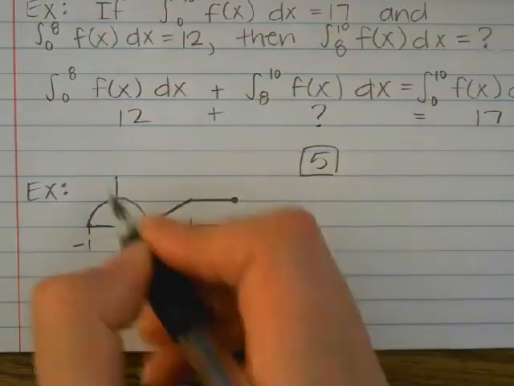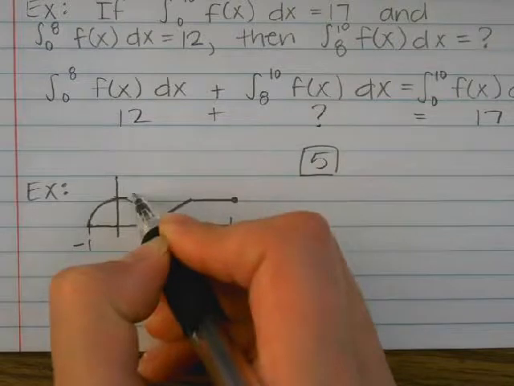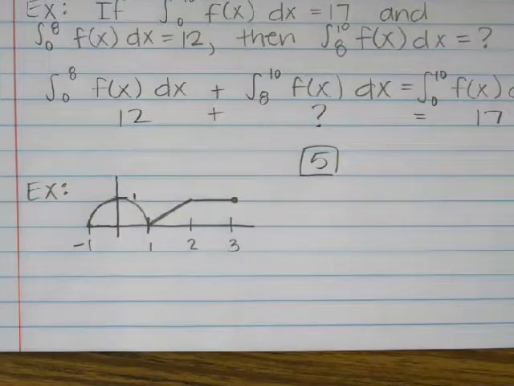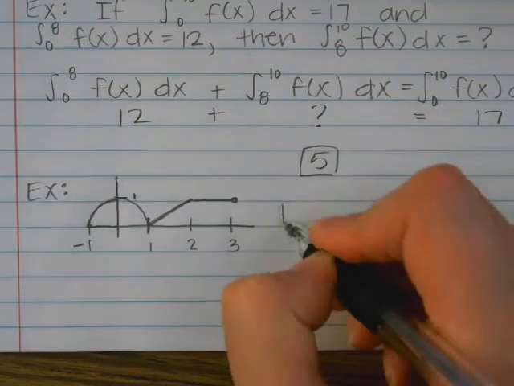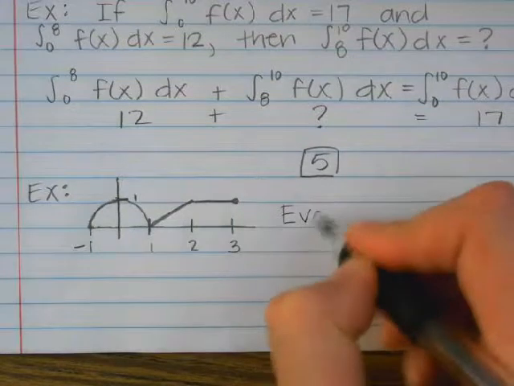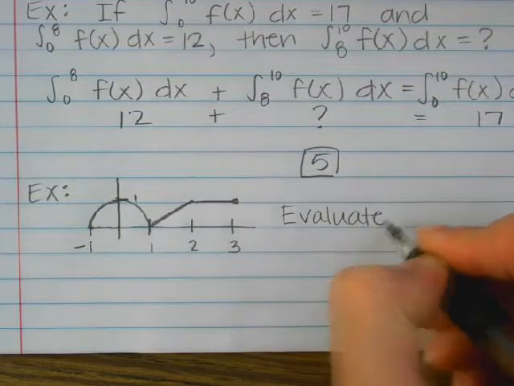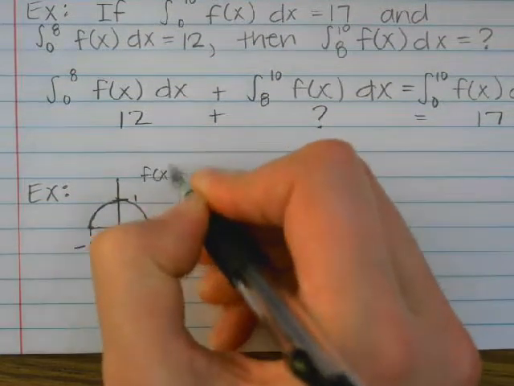Isn't it a cute little graph? This is at 1 right there. That's a height of 1. And this is the graph f of x, you can label it.